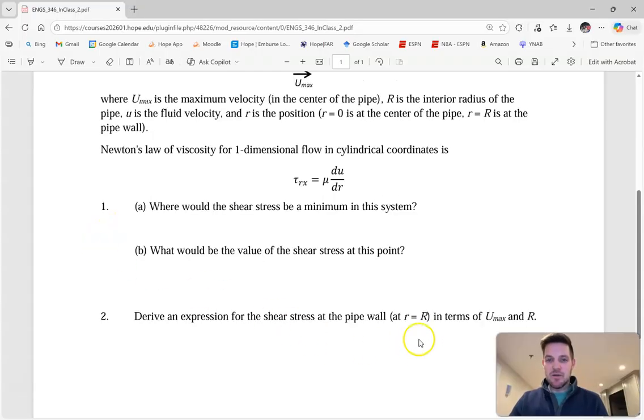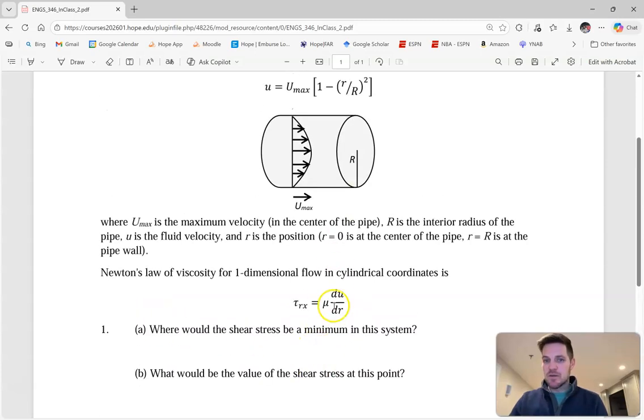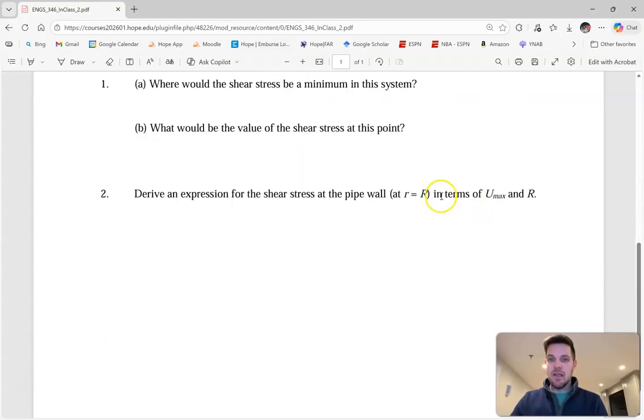Basically in part 2, we're going to determine an expression for shear stress at the pipe wall. As we'll say in the video, this equation here, we're going to try to use it. We're taking the r derivative of U. Up here at the top, we have an equation for U. You're going to take the r derivative and then plug in a big R everywhere there's a little r.